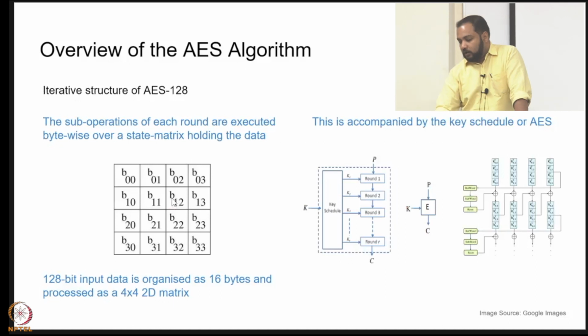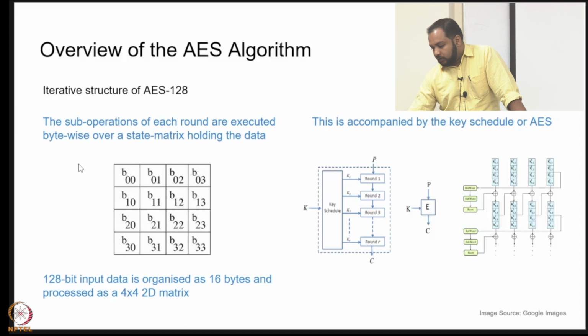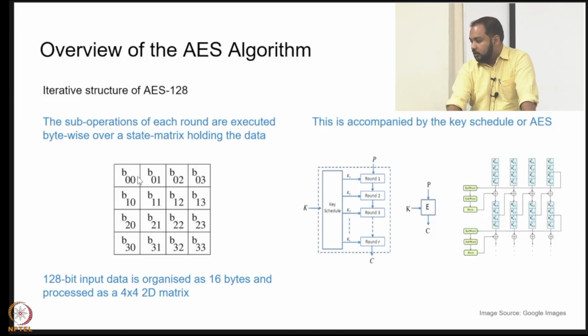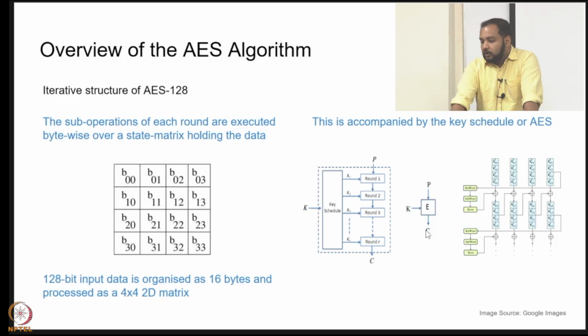Now if you see, this is the state matrix. As you can observe, there are 16 cells overall, and in each cell there is a single byte. If we give a plain text and a key, we get a ciphertext. The key goes through a key scheduling algorithm in the middle.